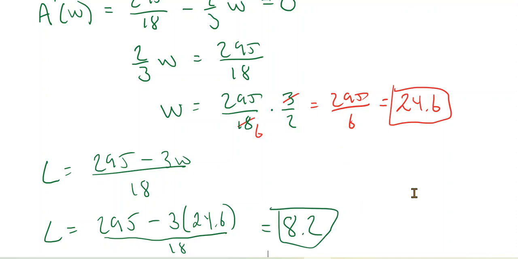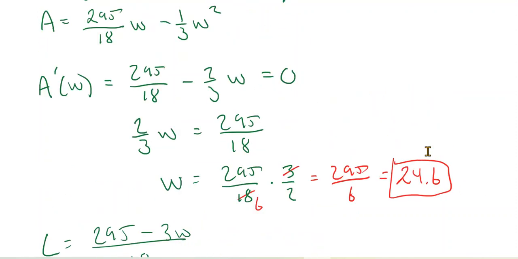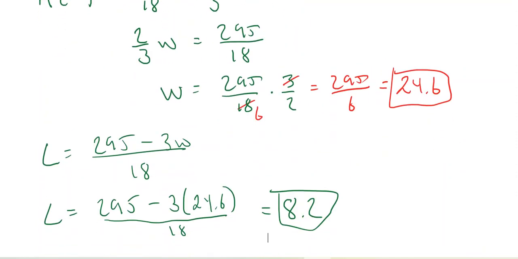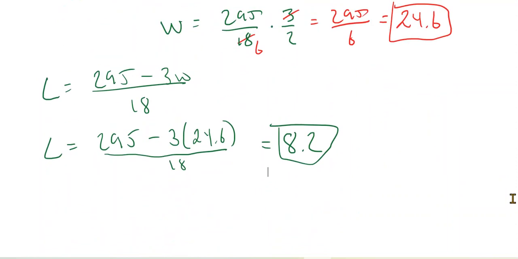So we now have the width and the length. I believe it also asks for what is the maximum area. Well, now that we have the width and the length, the area is simply length times width.